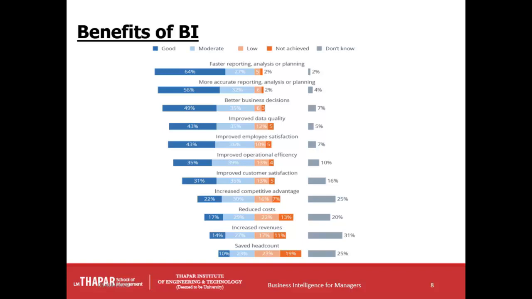So these are a number of benefits as far as business intelligence is concerned. There can be many more, but these are some of the key benefits reported by organizations.